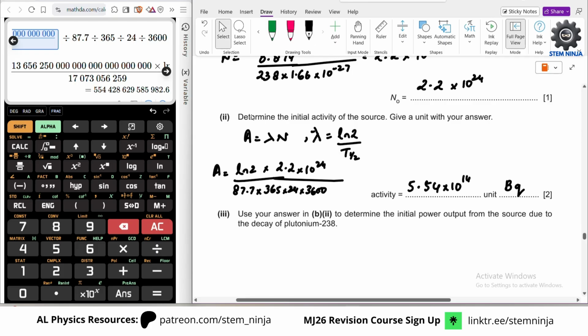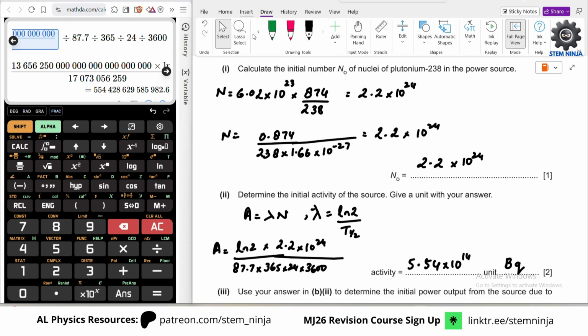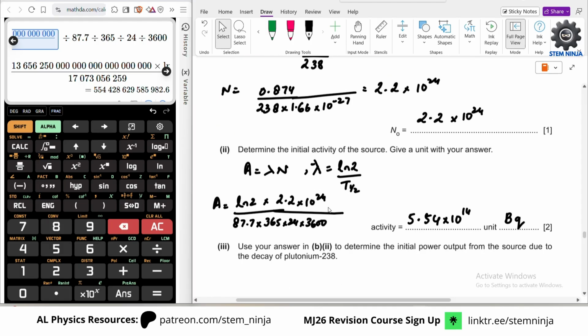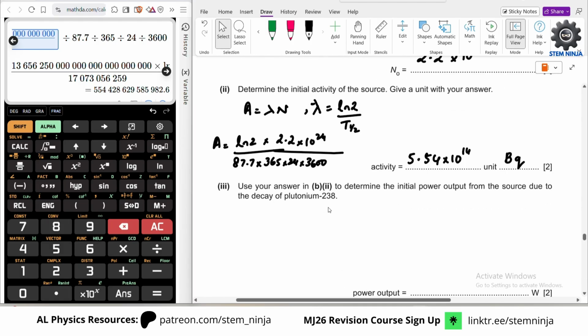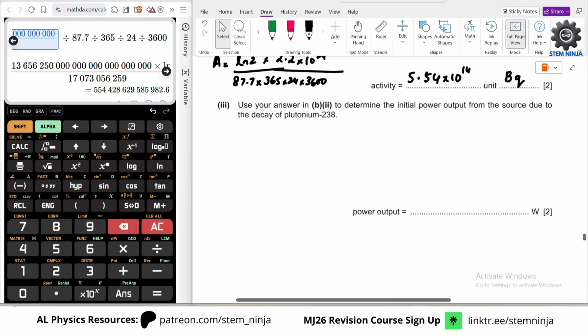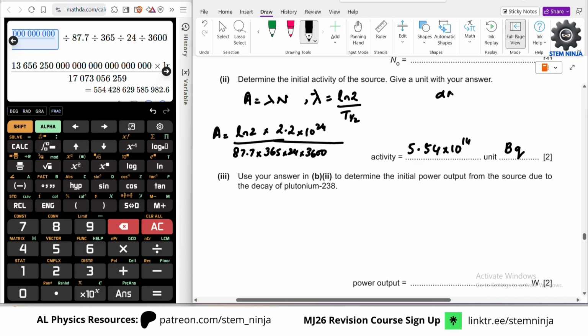Use your answer in B to determine the initial power output from the source due to the decay of plutonium-238. So power will come from energy, 5.59 mega electron volts. We need to convert it into joules. Activity, you already know, is basically dN over dt. So this is the rate, the number of nuclei decaying per unit time.